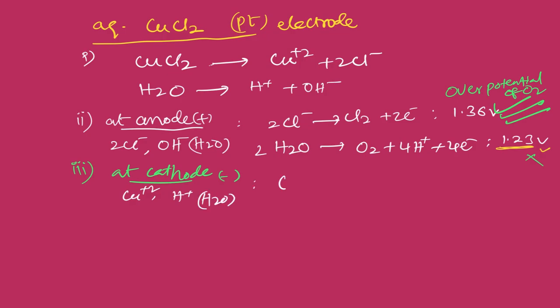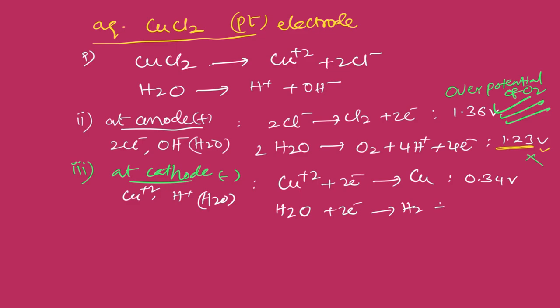Therefore, first Cu2+ takes 2 electrons and converts into Cu. Its electrode potential value is 0.34 volt.